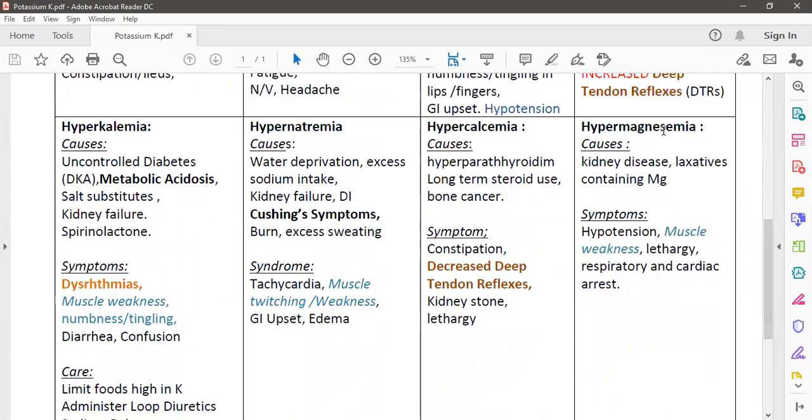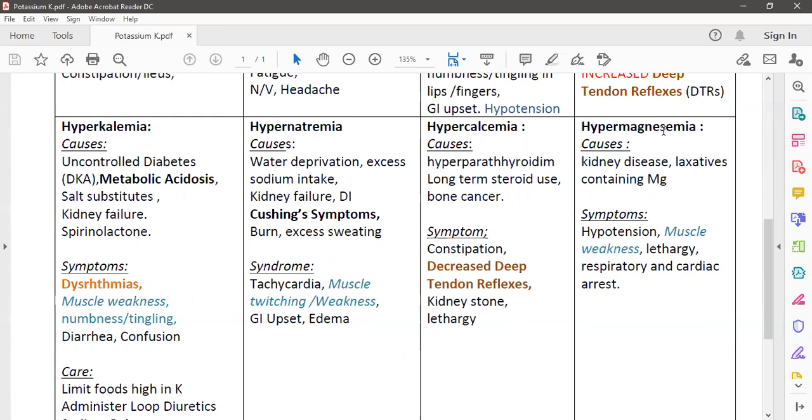Hypermagnesemia. When the magnesium level is more than 2.1 milliequivalents per liter, we call it hypermagnesemia.